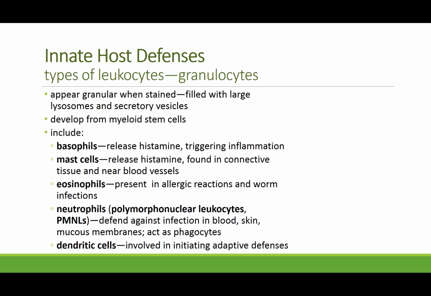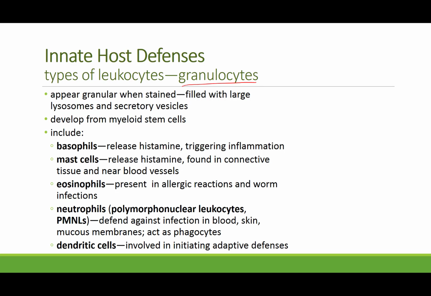Some of the leukocytes that we can find in the blood are the granulocytes. When you stain this group, they become really grainy looking. The cytoplasm is really grainy looking because they have relatively large lysosomes and secretory vesicles found in the cytoplasm.